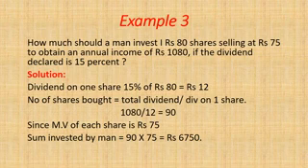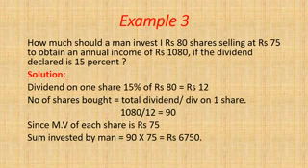Now, proceeding to the next example. The question asked is how much should a man invest in rupees 80 shares selling at rupees 75? This rupees 75 is nothing but the market value of the share. In order to obtain an annual income of rupees 1080 if the dividend declared is 15%. Now, solution.